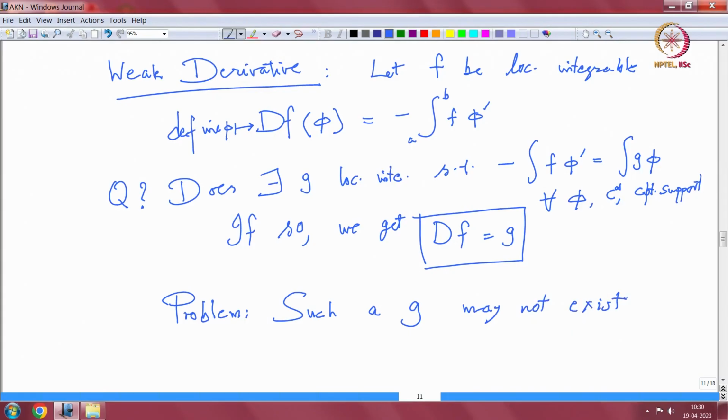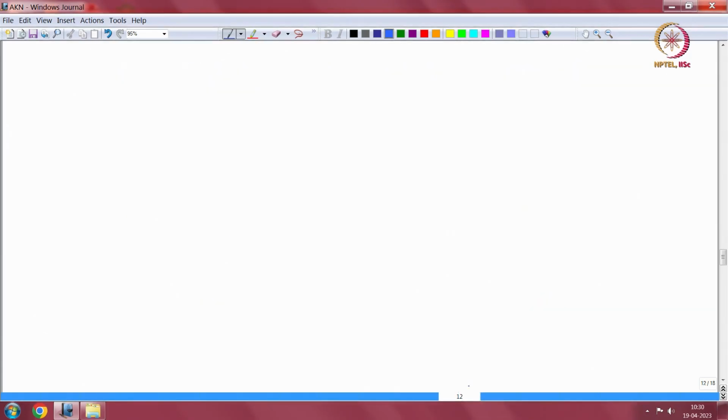But so, we have a new way of understanding the notion of a derivative for non-differentiable functions. This is what we are going to now quickly see in a more general sense. Let us start with a couple of very simple examples. As I said, we will see more and more examples.